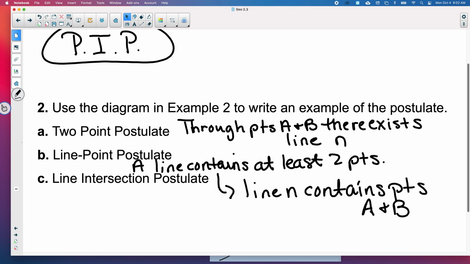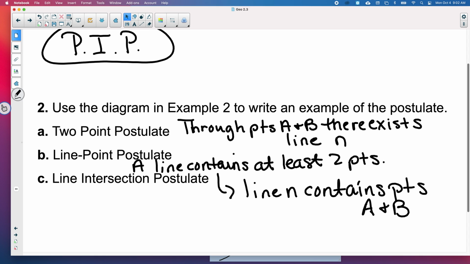All right, for C it says line intersection postulate. And so that's that if two lines intersect, then their intersection is exactly 1 point. So looking at that picture, do you have two lines that intersect? Yeah, which two?